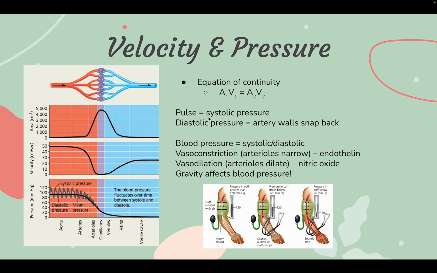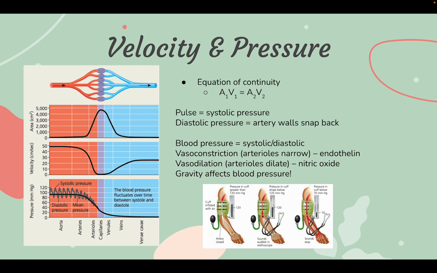So we have a systolic pressure and a diastolic pressure. Systolic pressure is the pressure you can feel when your heart is undergoing systole, and diastolic pressure is your blood pressure when your heart is going under diastole.